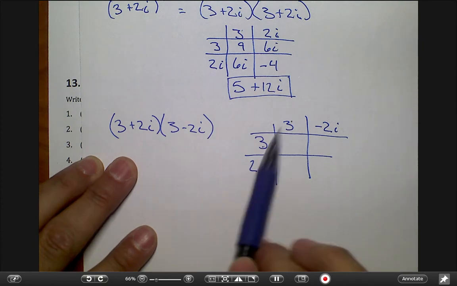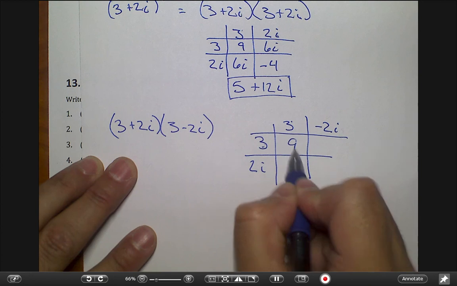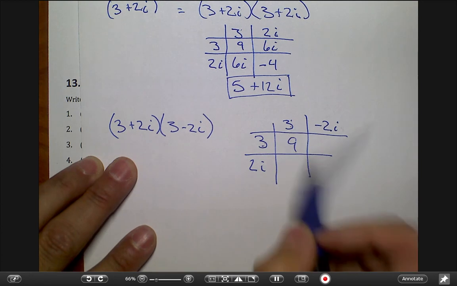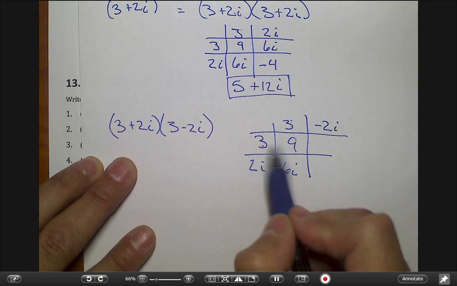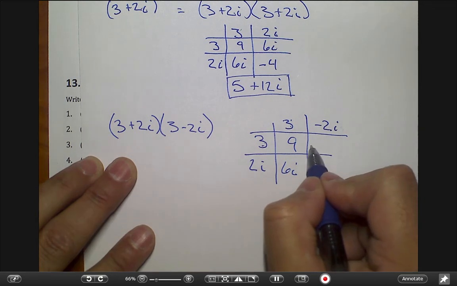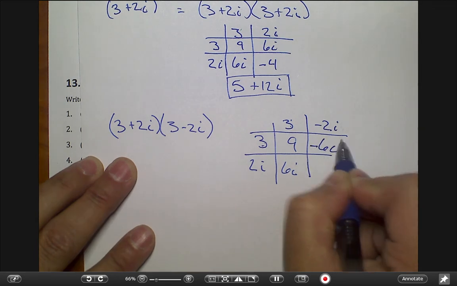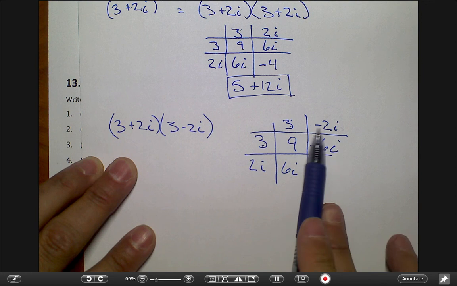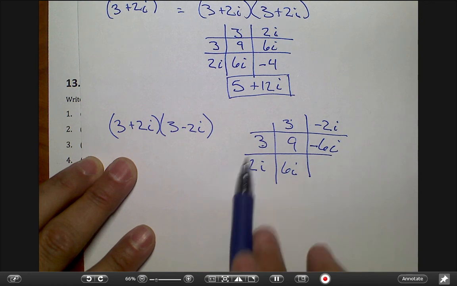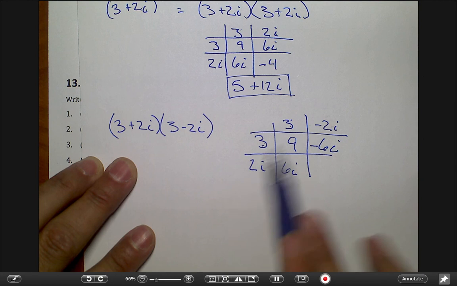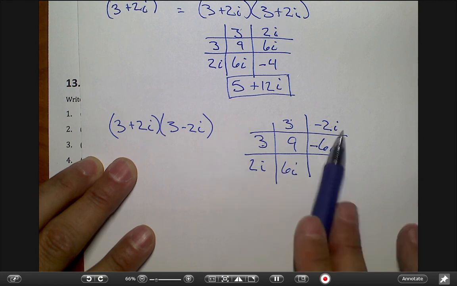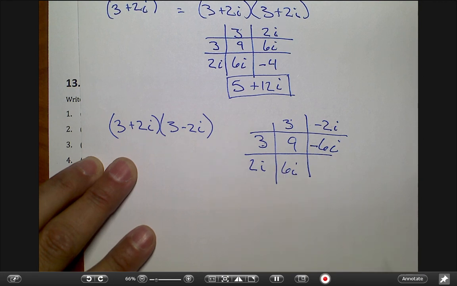So doing my multiplication, 3 times 3 gives me 9. 3 times 2i is 6i. Negative 2 times positive 3, negative 6i. And then negative 2i and positive 2i, so a negative and a positive makes it a negative 4, but the i squared makes it positive 4.